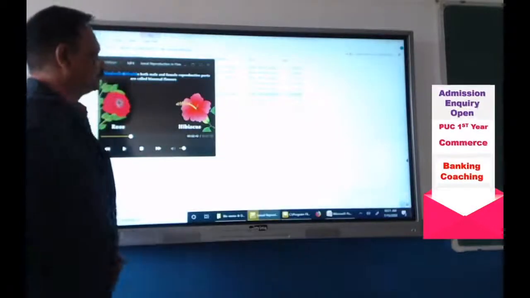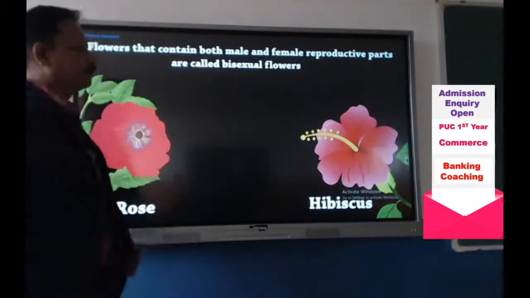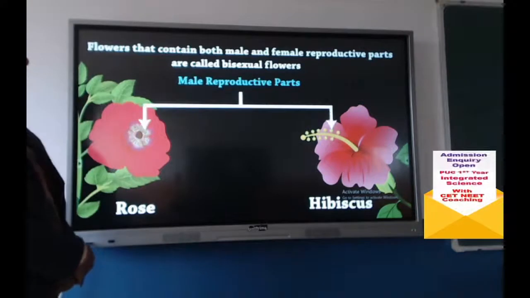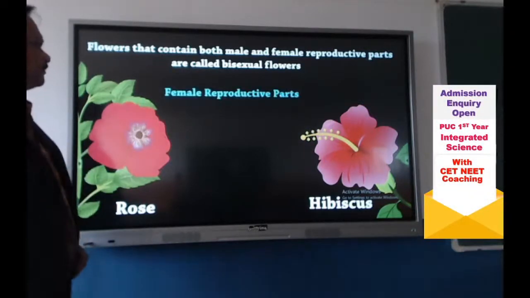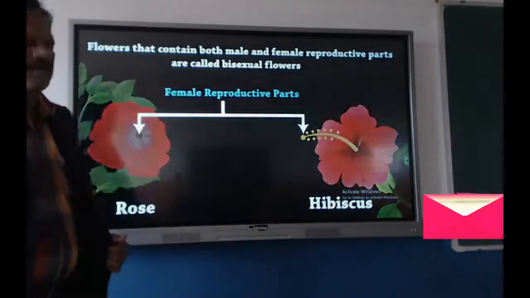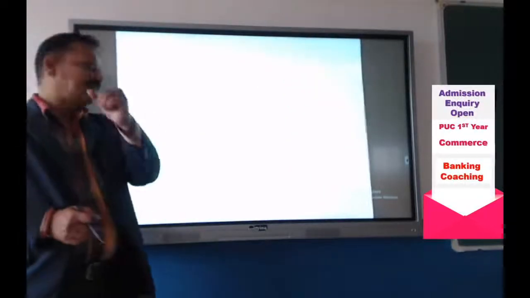Just see. Examples of bisexual flowers. So these are stamens, and these are the female pistils, the female reproductive part, gynoecium. So we are calling them bisexual flowers.